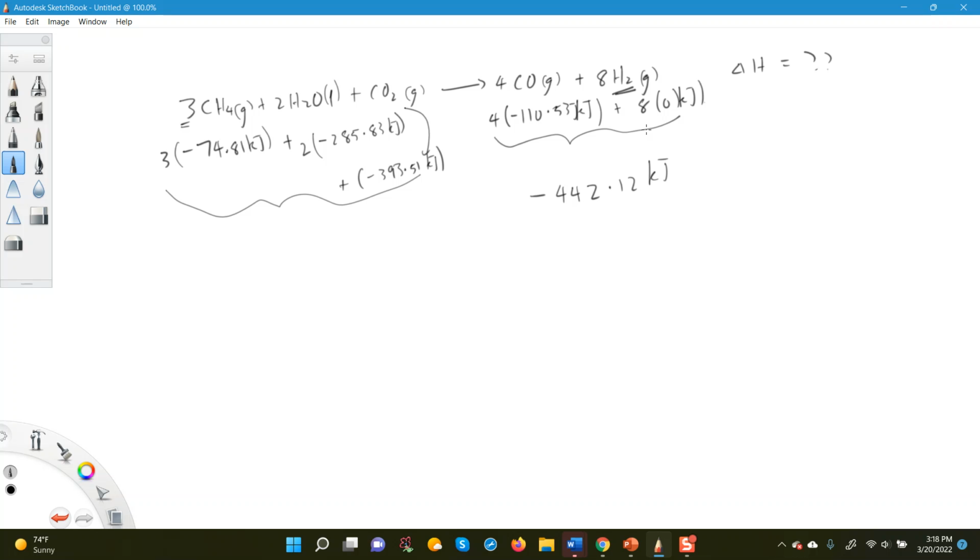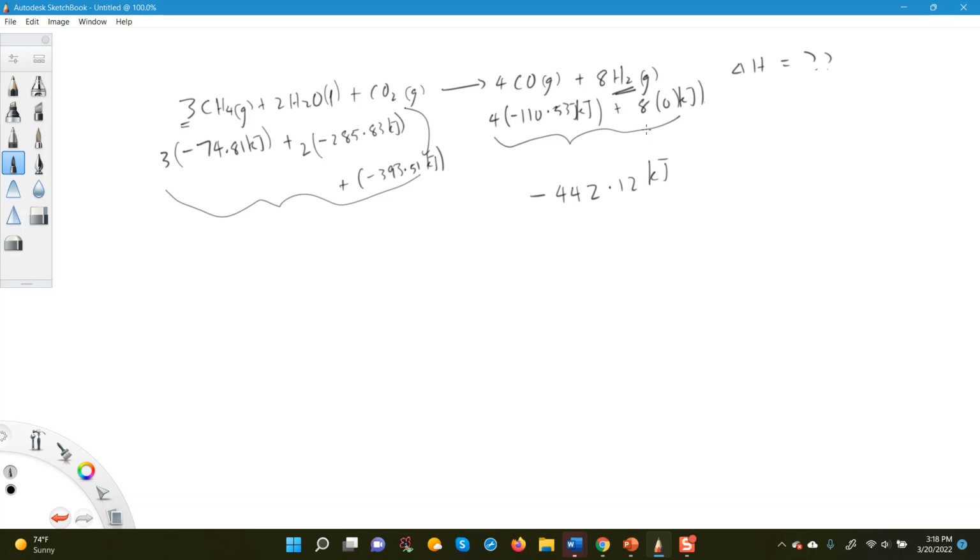Okay, let me do this again. I think my answer may be wrong. I'm going to redo this calculation. So minus 74.81 times 3 equals that. And then 2 times minus 285.83. Okay, I knew I did something wrong here.